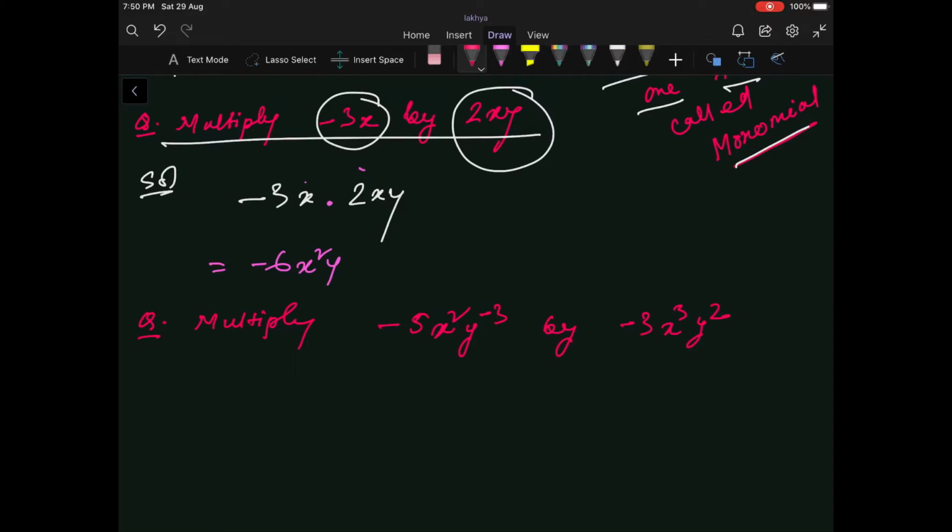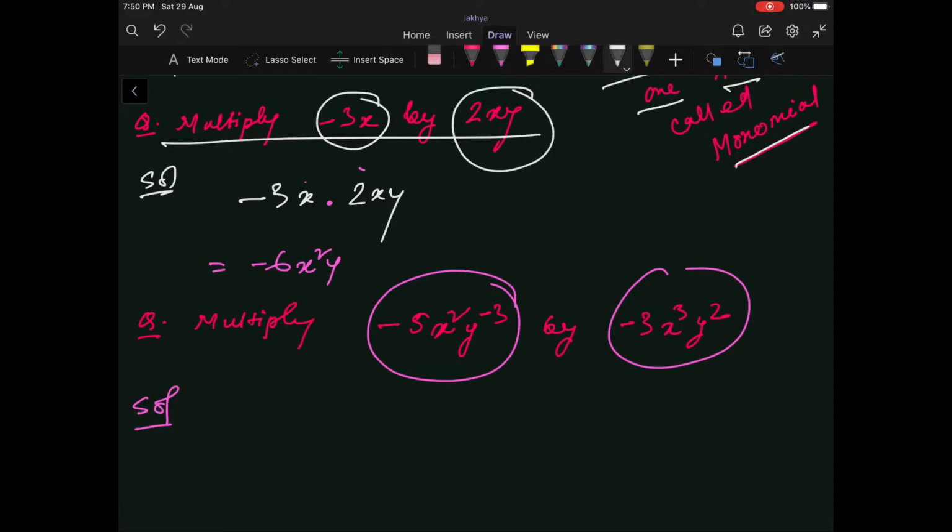Suppose we need to multiply these two monomials. So the first one is minus 5x square y to the power minus 3, and into the next one, as this is negative, write it within brackets. Because there is multiplication and this is negative, these two operators should be separated by brackets.